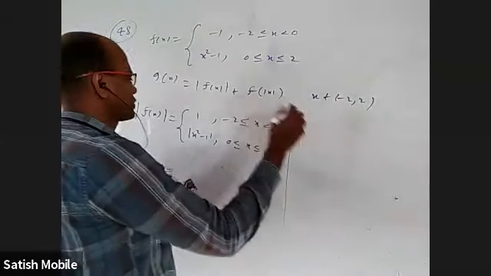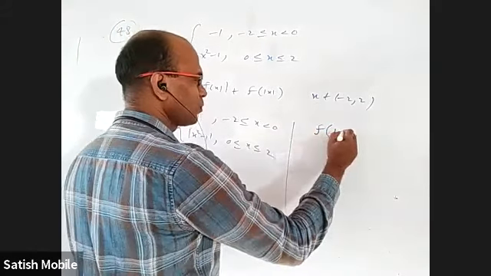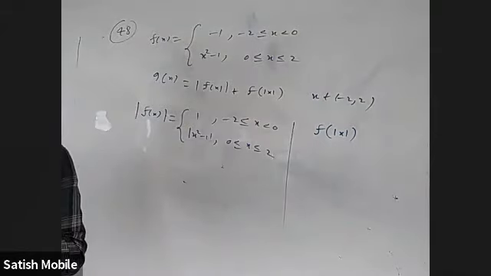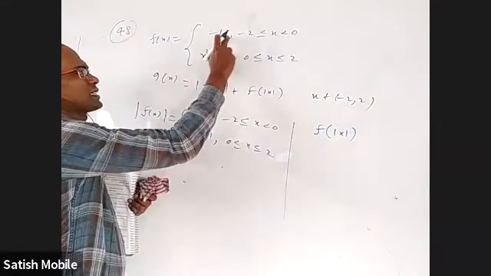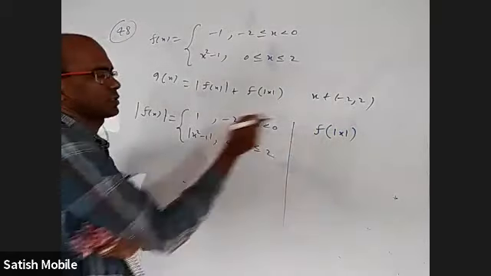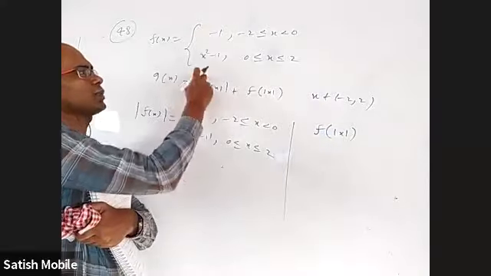If I take only this, that is f of mod x, anybody want to tell me, should I use this definition or this definition? Should I use both or only this or only this?